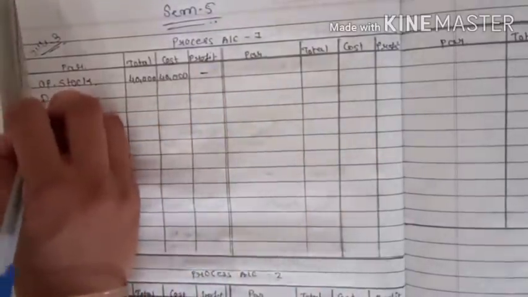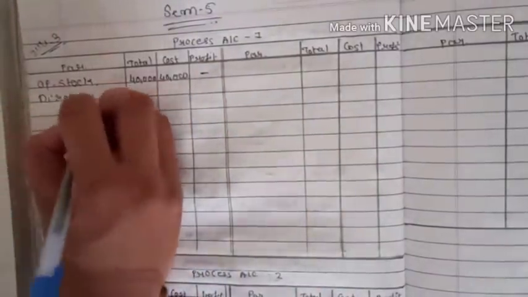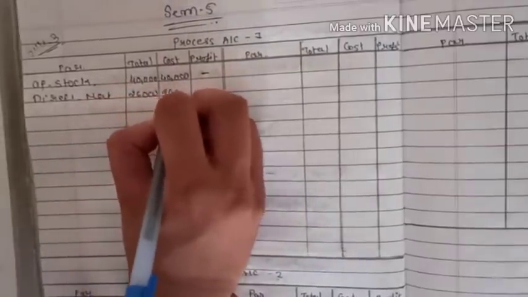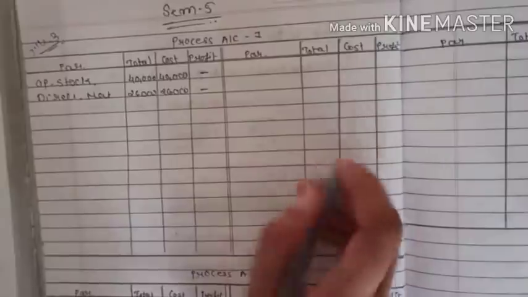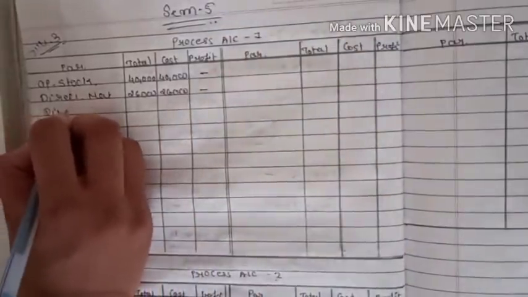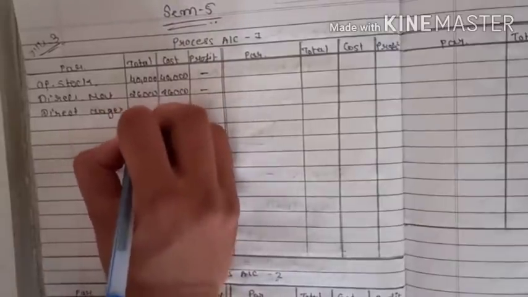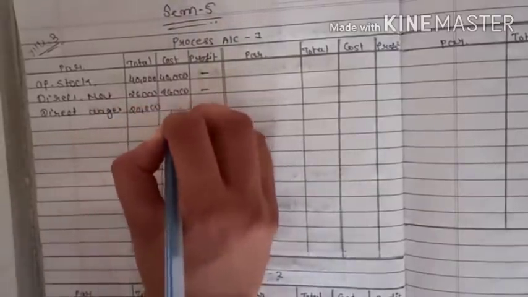Then direct material 26,000. No profit is given. Direct wages 20,000.